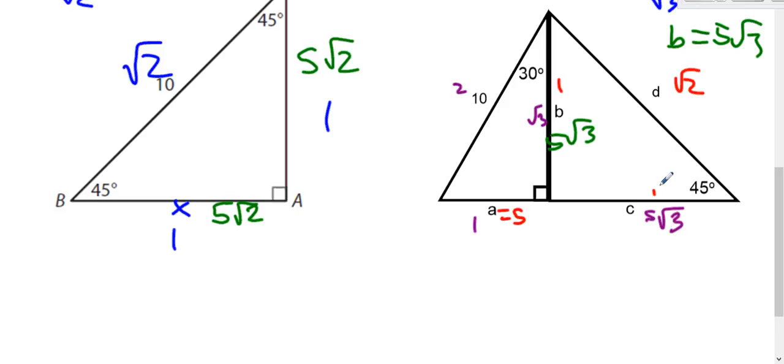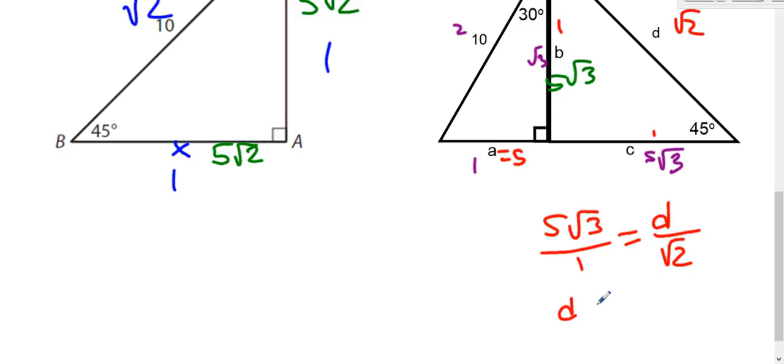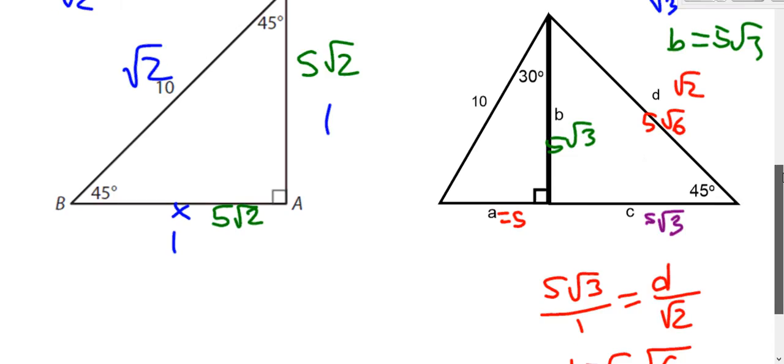So you set up your proportion, 5 square root of 3 over 1 equals d over square root of 2. Cross multiplying, you get d equals 5 times, multiply your square roots together, 3 times 2 is 6. Now you've got all the sides.